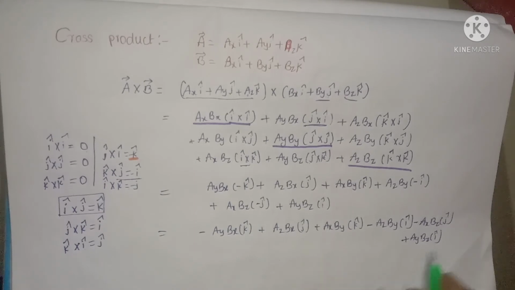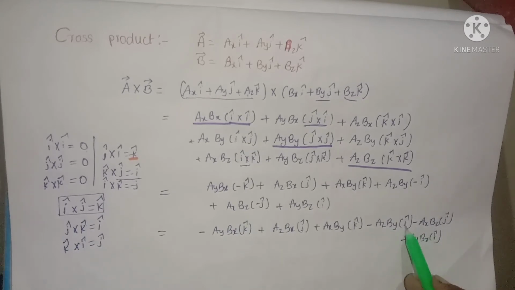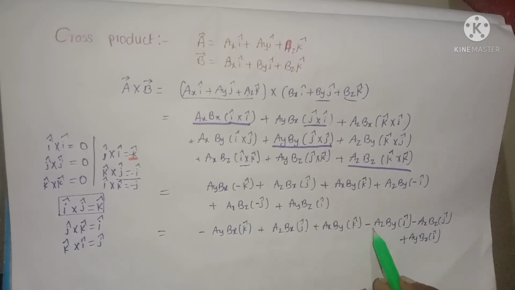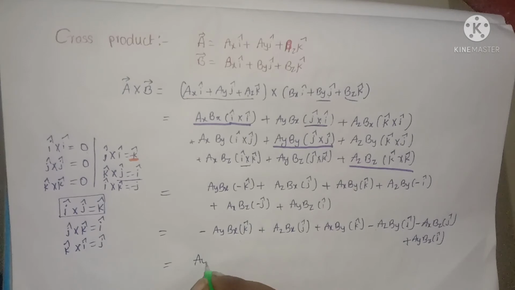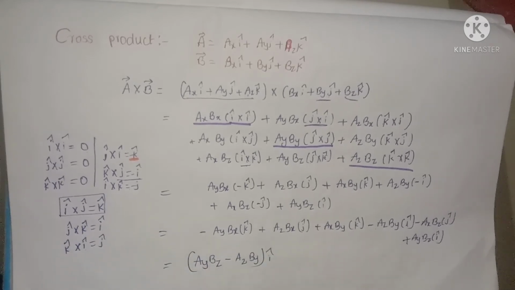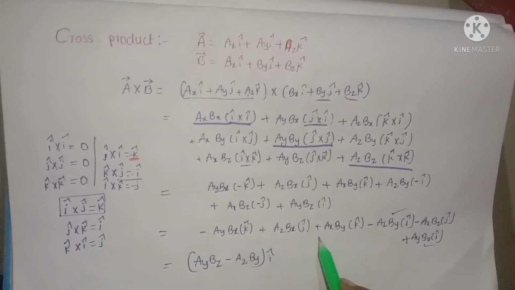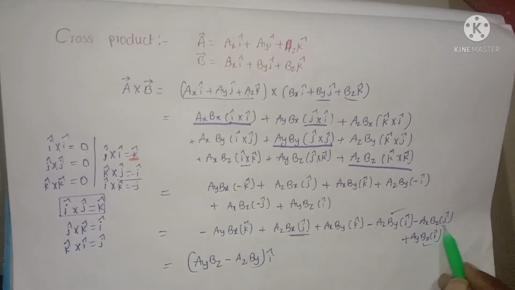So now see here, i is there, here also i is there. So now take the i as common from these two. Here this is having the positive sign, this is having the negative. Then here we can write (ay bz minus az by) into i cap. Next one, here j cap, here also j cap is there.